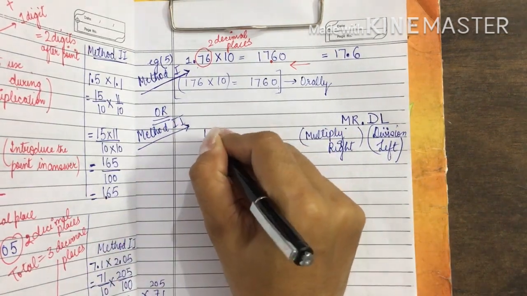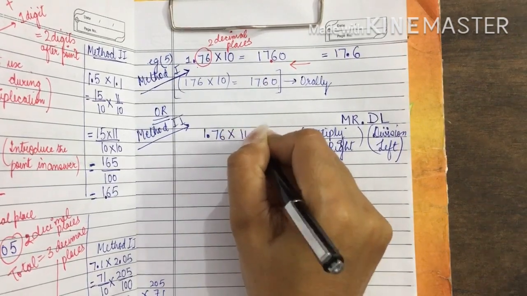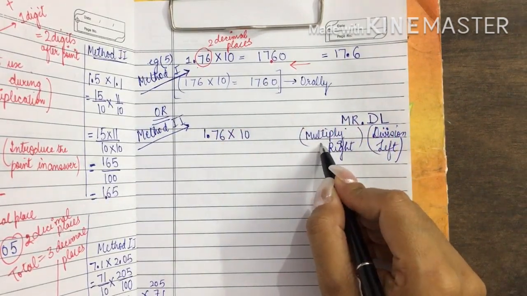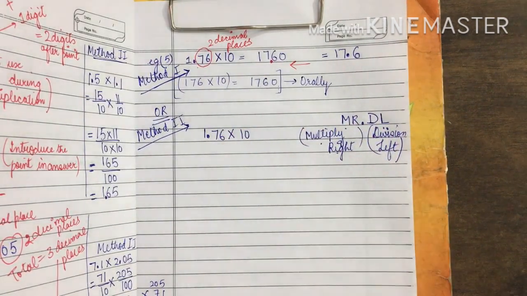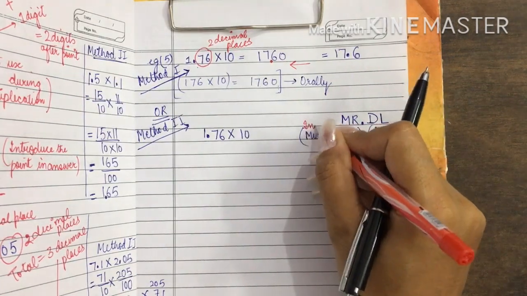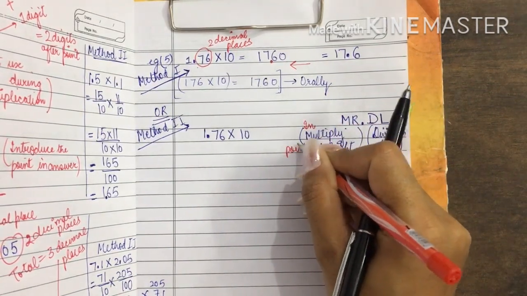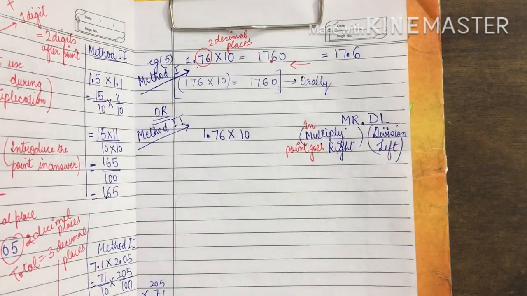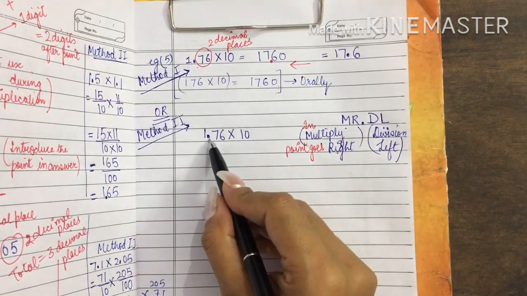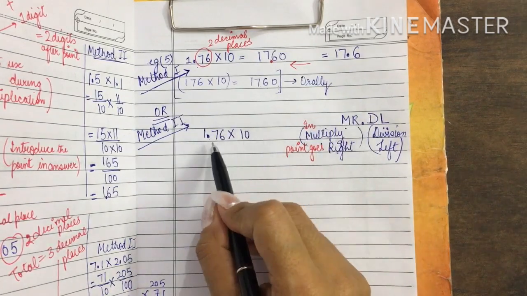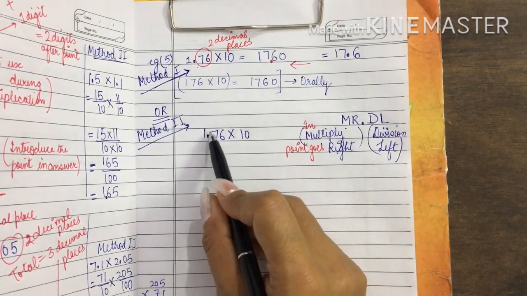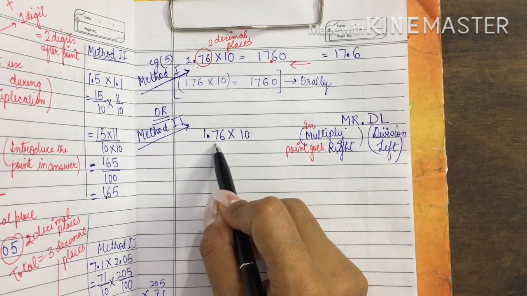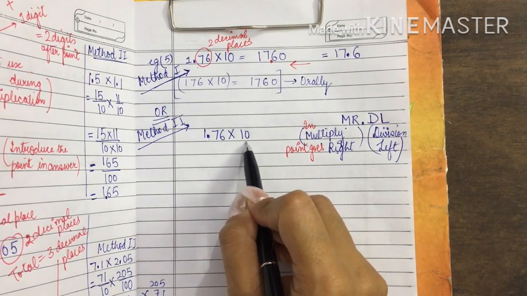So if you have 1.76 multiplied with 10, in multiplication, the point goes to the right. So the point from here will go to the right side. And where would it go? It will move as many places as the number of zeros.